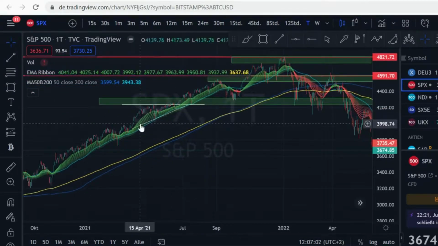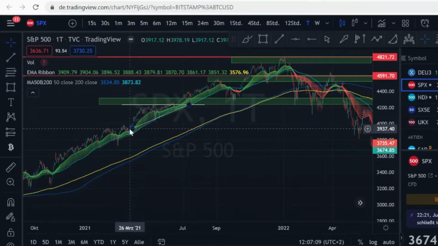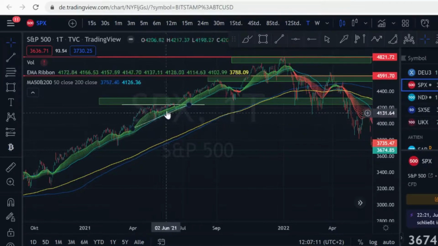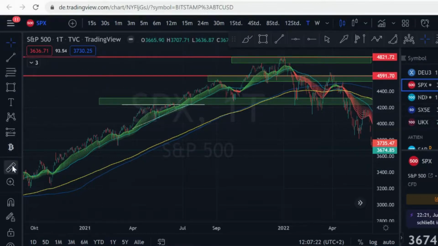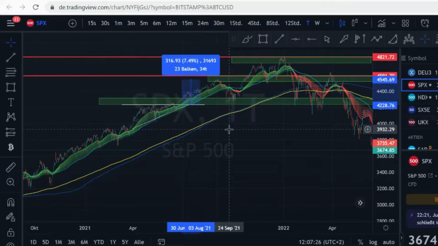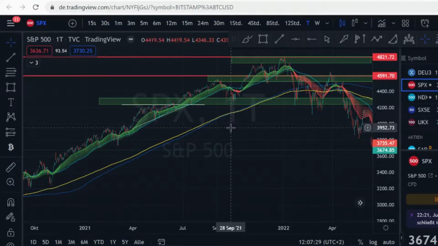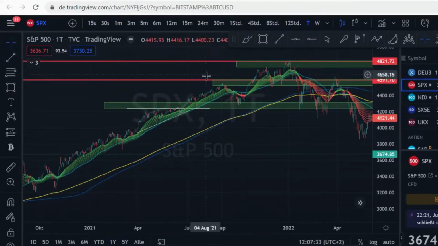So here we have a kind of a triangle. So here you have this resistance line, and price is making these higher lows. After that, breakout to the upside, retest, and straight move to the upside. So from this breakout, that is a 7.5% move. That on average is pretty significant. But here we are on the traditional market on the S&P 500.